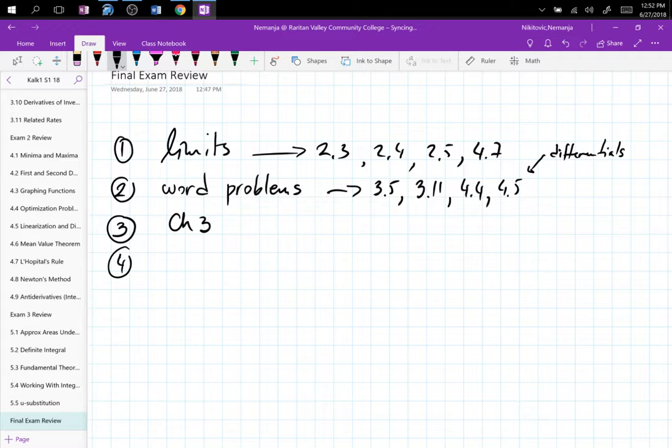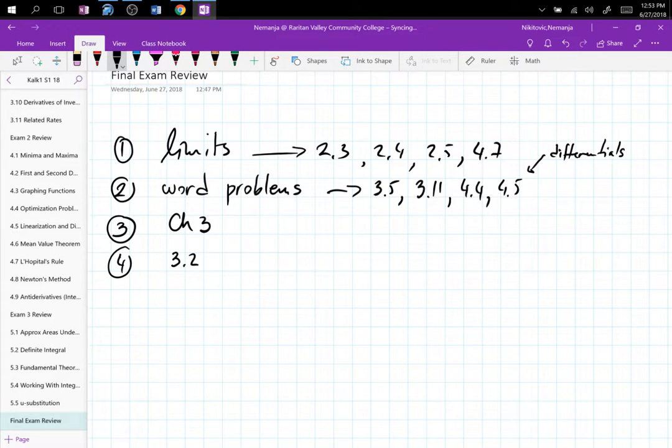4, demonstrate the relationship between algebraic and geometric properties of the derivative. So now we're talking about the connection between the graph of the derivative and the graph of the function. That's specifically 3.2, right? So 3.2 section. But then also, anytime you are using the derivative to analyze what is happening with the function.